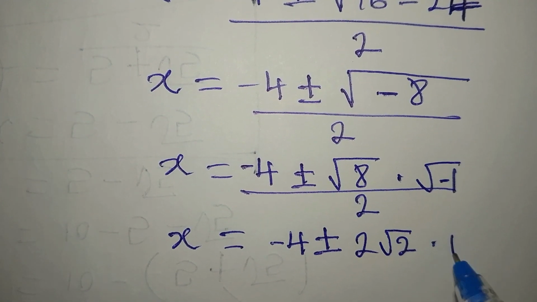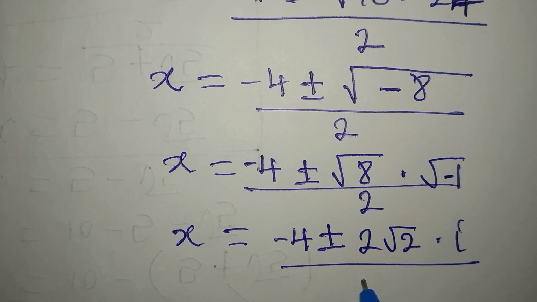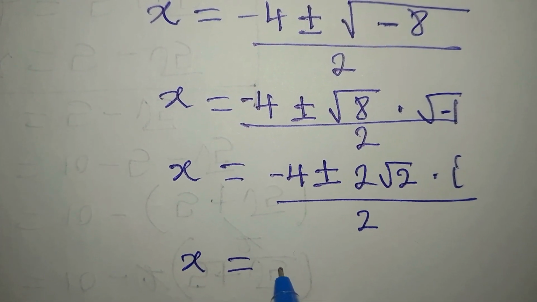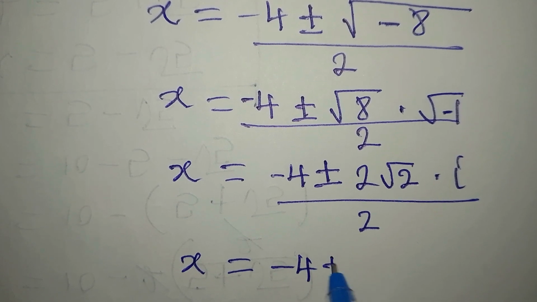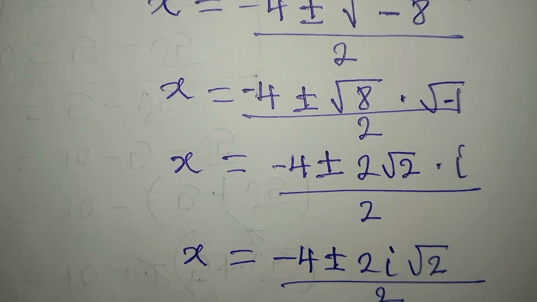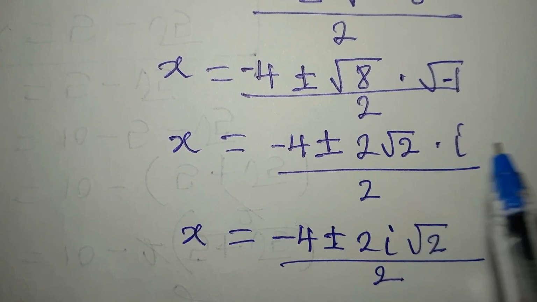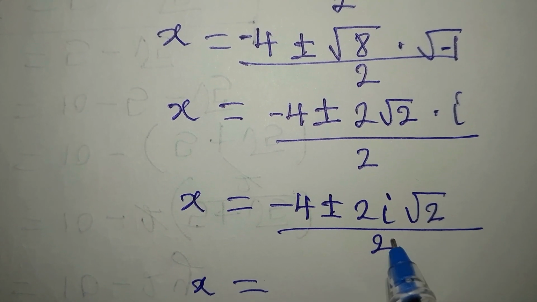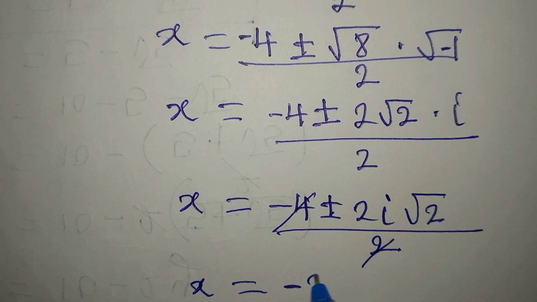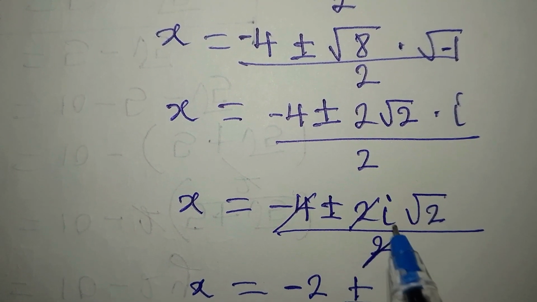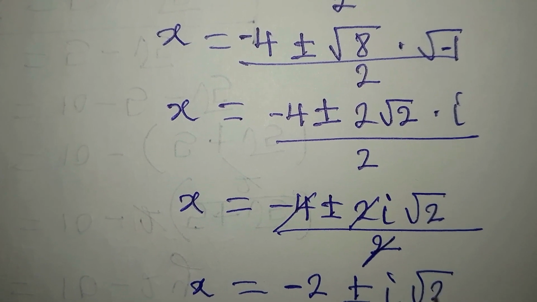Then multiply by i as we divide by 2. x will now be -4 ± 2i√2 divided by 2, meaning that the 2 will multiply the i. Now 2 will go there 2 times, we have -2. The 2 will cancel this out, we have ± i√2.